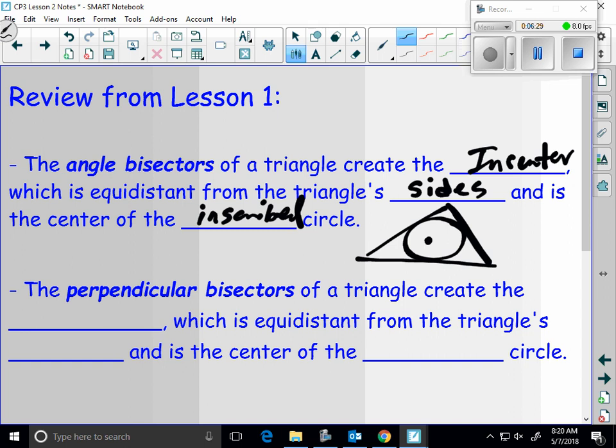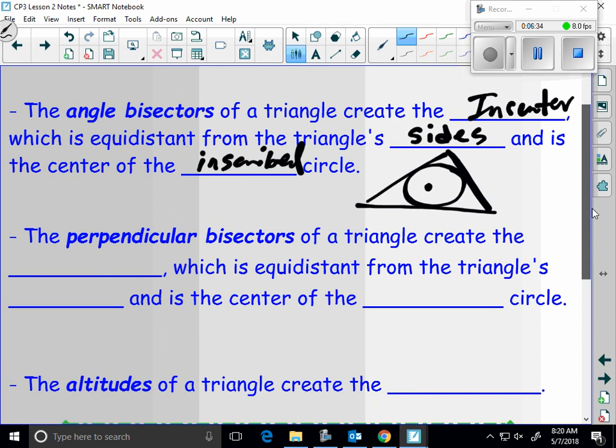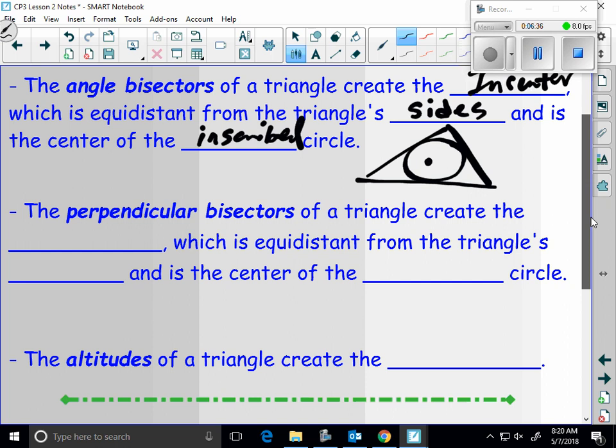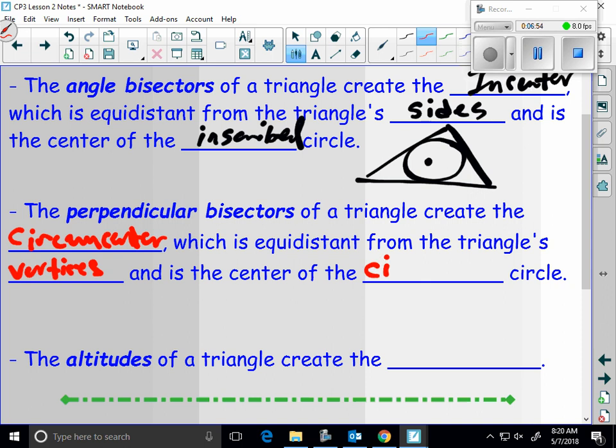Inscribed. Okay? The perpendicular bisectors of a triangle create the what? Circumcenter. Which is equidistant from the triangle's vertices, which is the same as the corners, the angles, and is the center of the circumscribed circle.